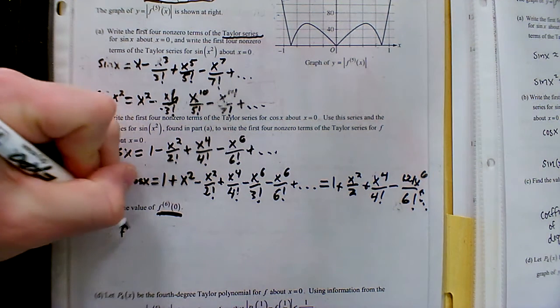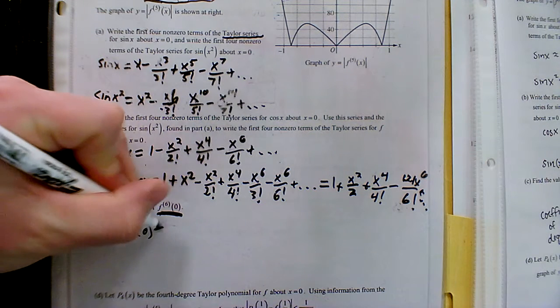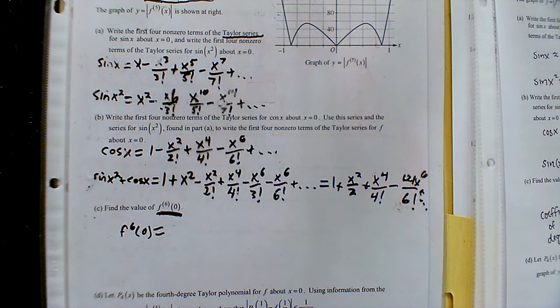They want to know what this is. It equals what? Not exactly. They want to know the value of this 6th derivative at 0. So how can we tell that from all the work we've already done? Okay. So what do you mean by that?